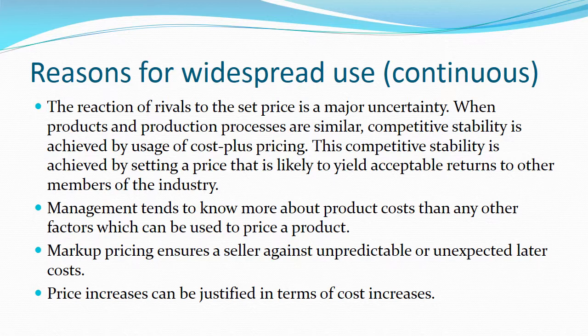And management tends to know more about product costs than any other factors which can be used to price a product. Markup pricing ensures a seller against unpredictable or unexpected later costs. And the last one is, price increases can be justified in terms of cost increases.